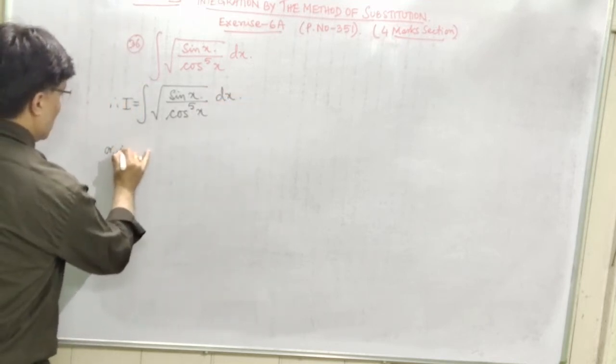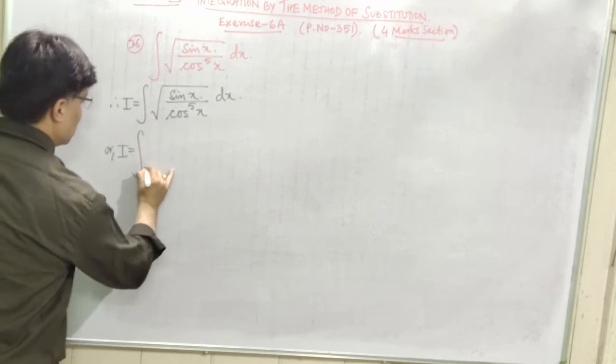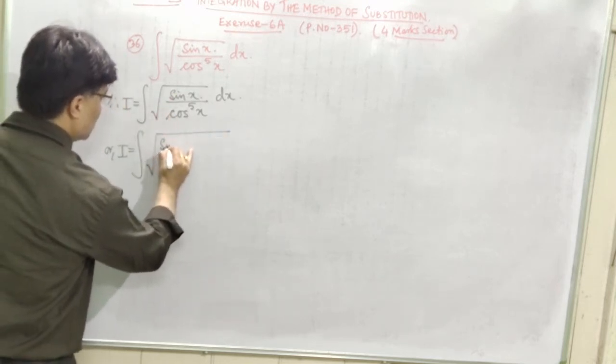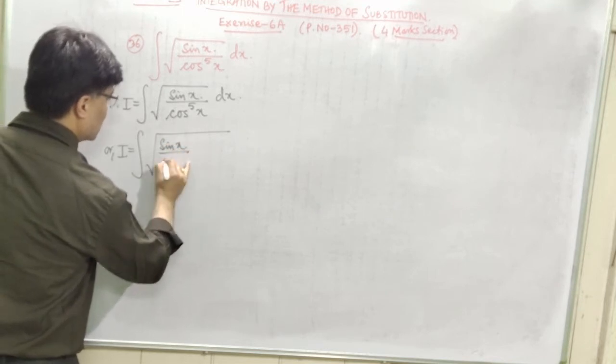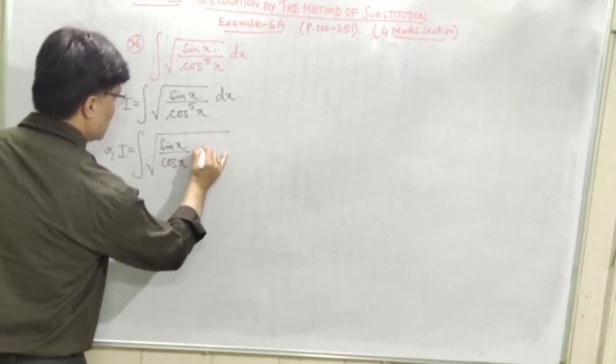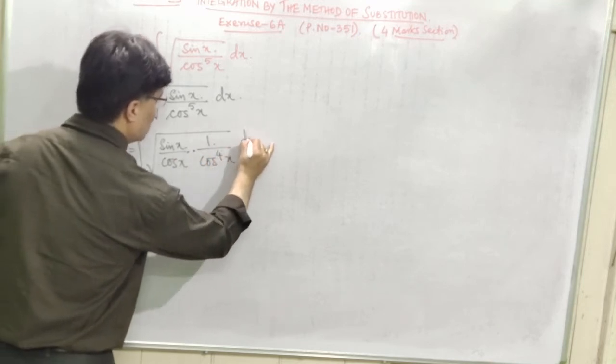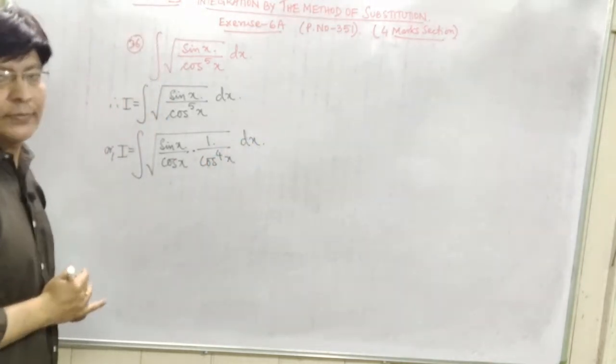Or I is equal to integral of square root, you can separate the term here, that is sin x by cos x into 1 by cos to the power 4x dx.